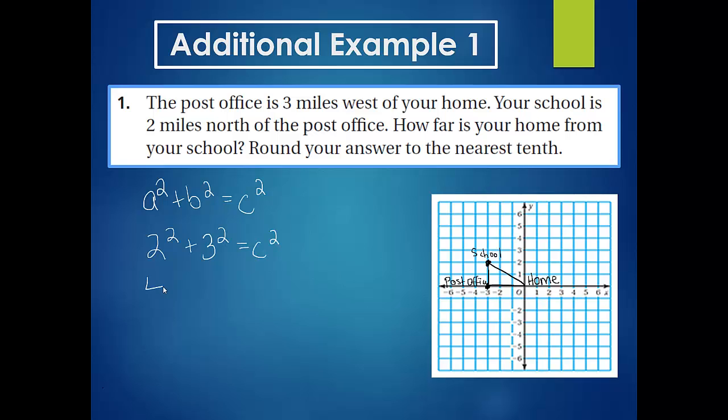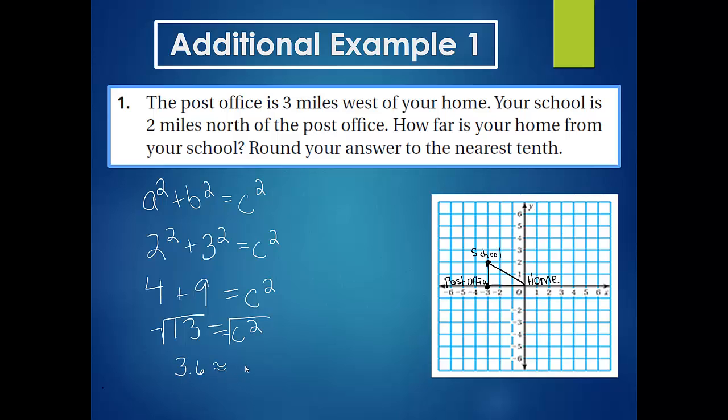And 2 squared is 4, 3 squared is 9, and when we add those up, that's going to equal c squared. So we'll get that 13 equals c squared. And now we'll do the square root of both sides. And the square root of 13, if we round to the nearest tenth, would be 3 6/10.